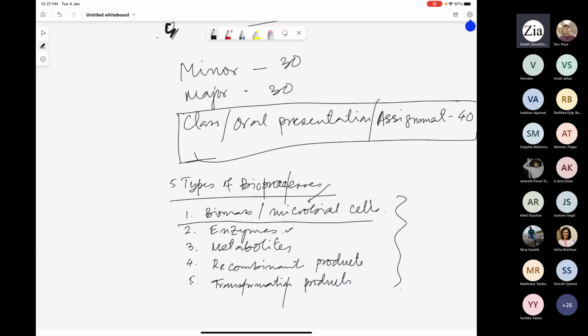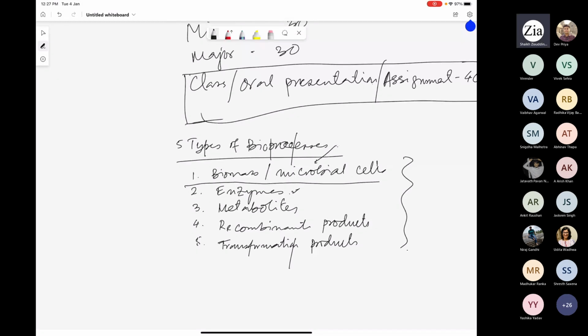Then you can get higher profitability. When we discuss these bioprocesses, we'll give examples of each type, and whenever you need to present any specific bioprocess, it will also fall within one of these categories.